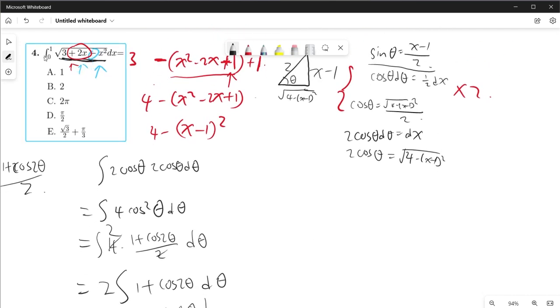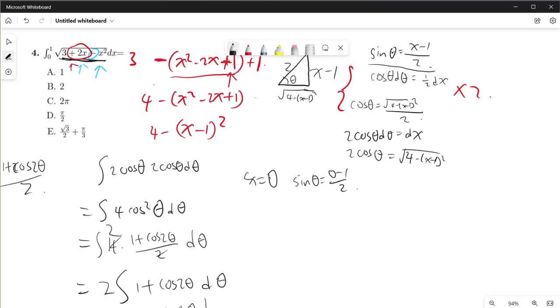By plugging 0 and 1 up here, according to the conversion we have to convert that into theta. So for x equal to 0, we have sine theta equal to (0 minus 1) over 2. So negative 1/2.